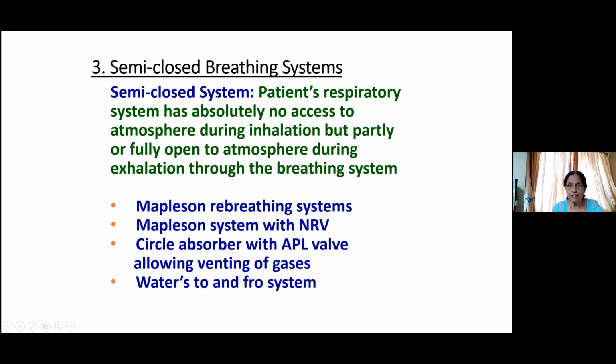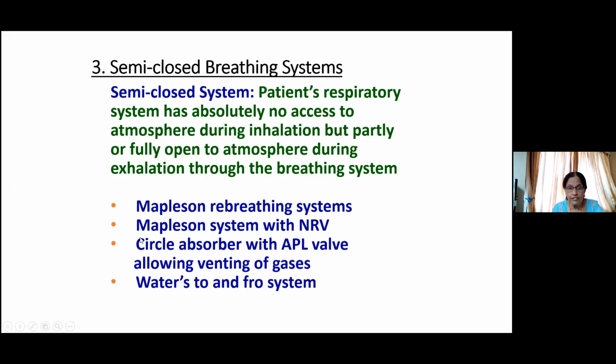A semi-closed system is where the patient's respiratory system has absolutely no access to atmosphere during inhalation, but is partly or fully open to atmosphere during exhalation through the breathing system. Examples are all Mapleson rebreathing systems, and Mapleson system with non-rebreathing valve.